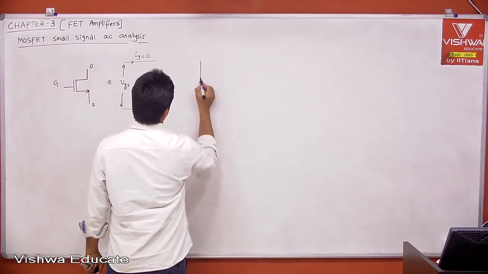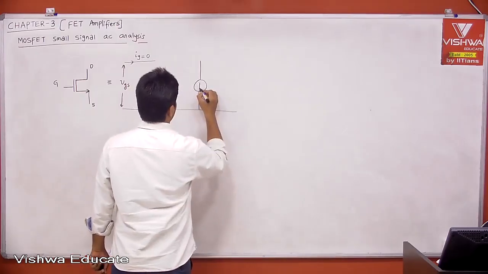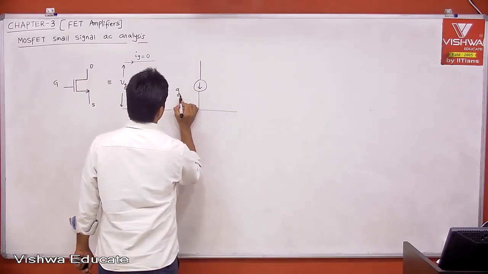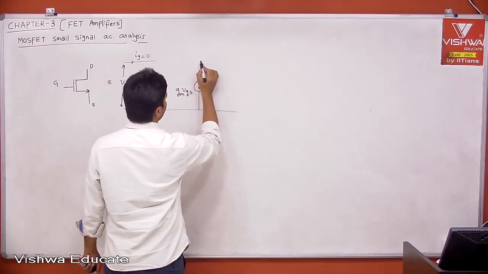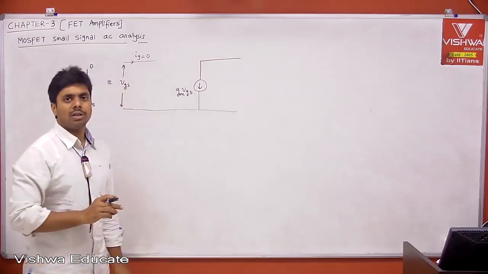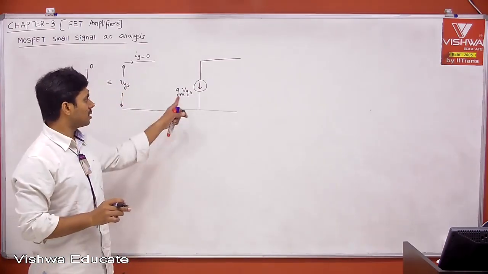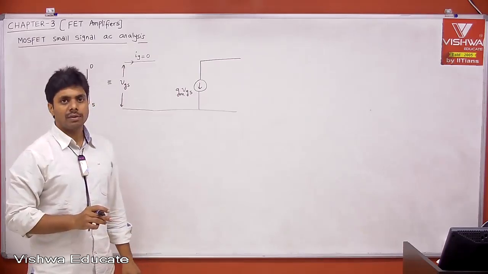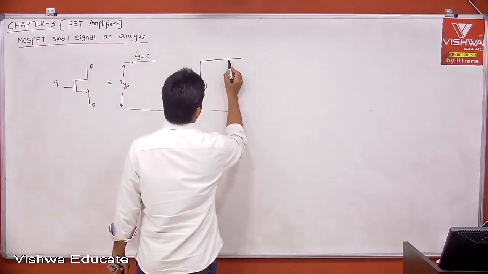And this is the current, which is nothing but GM into VGS. What is GM? We will see. In the case of BJT, we had seen what is GM, and based on the definition, we derived GM is equal to IC by VT. Similarly, what is GM in the case of MOSFET? That we will see after completing AC analysis.